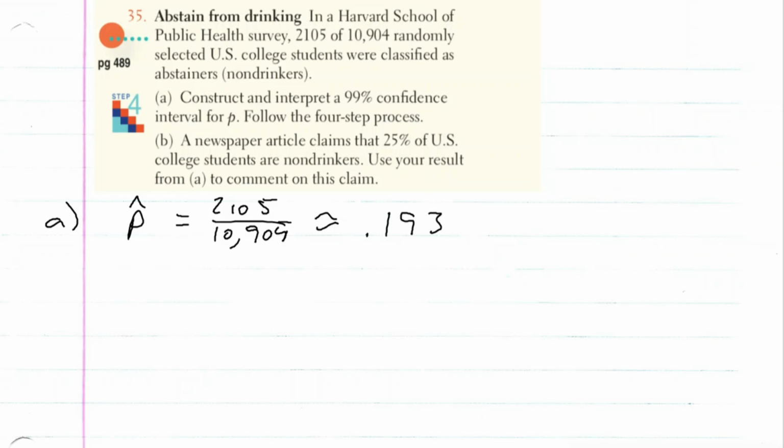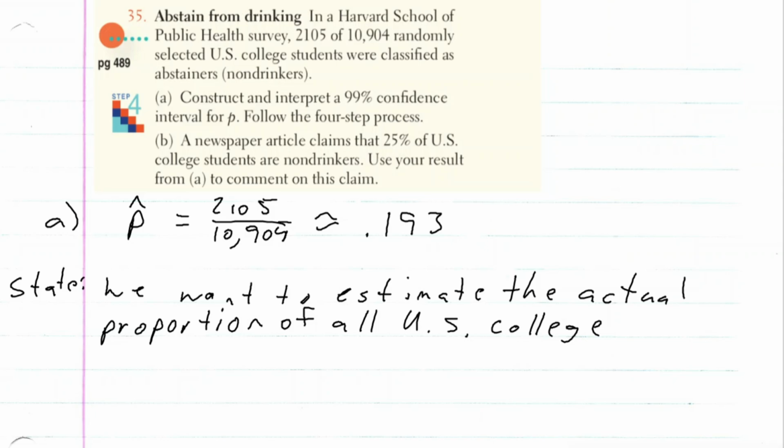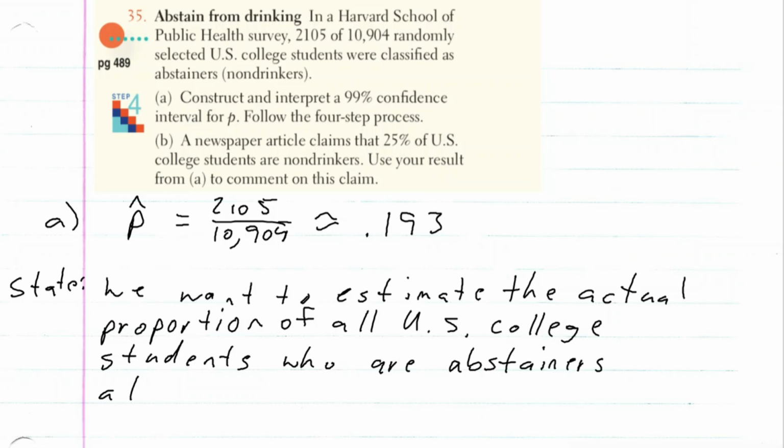All right, so what we want to do, state: we want to estimate the actual proportion of all U.S. college students who are abstainers at a 99% confidence level.